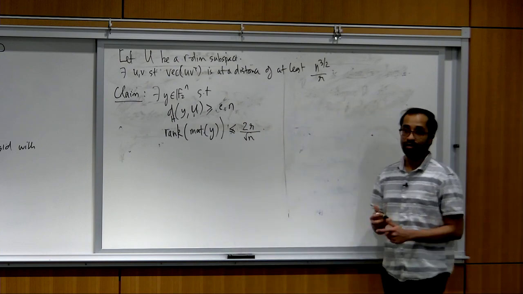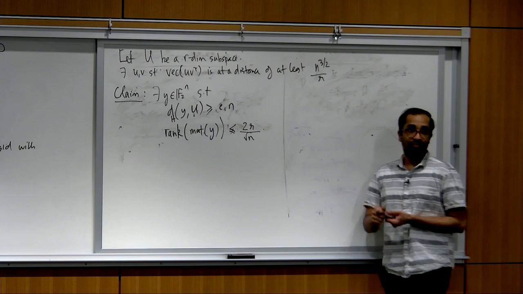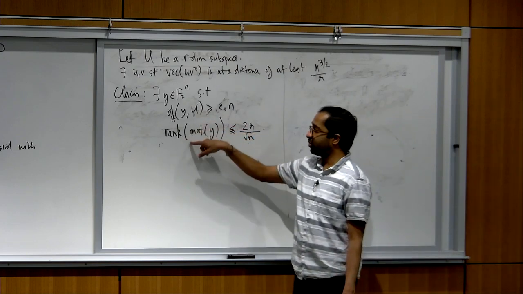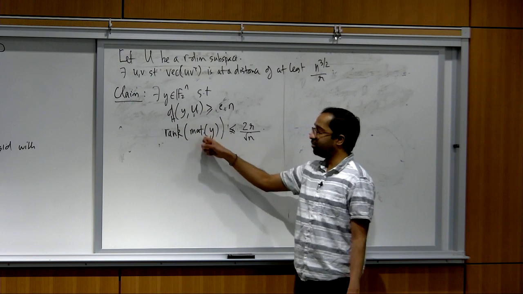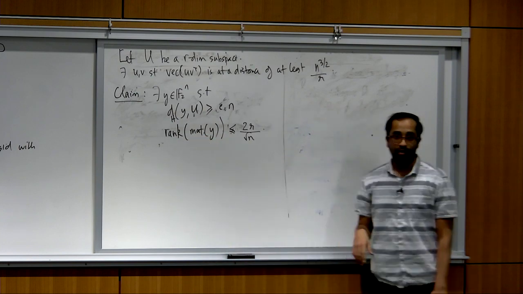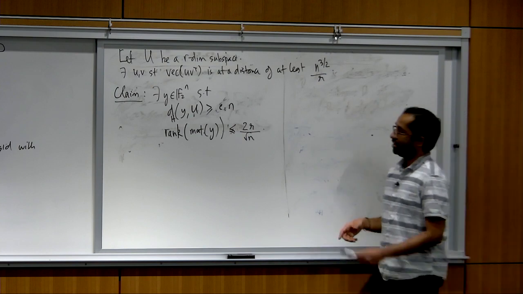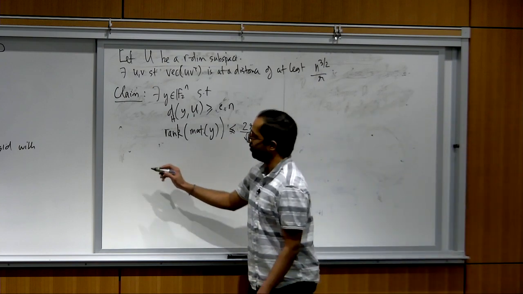Is the claim clear? You can find a vector that's far away from the subspace and whose corresponding matrix has low rank. Does someone see why this is sufficient?